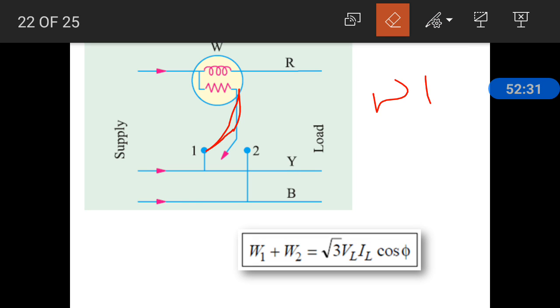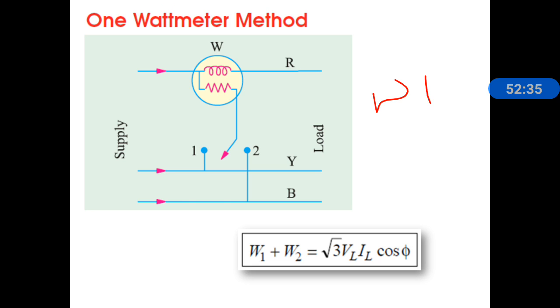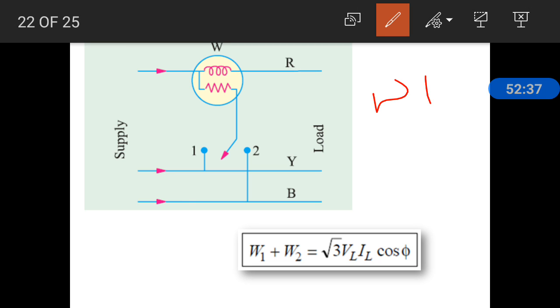Next we change the connections and connect to position 2. Now this wattmeter is connected across the R phase and the B phase. This reading gives W2. Once we know the W1 value and W2 value, adding these two we get the total power.